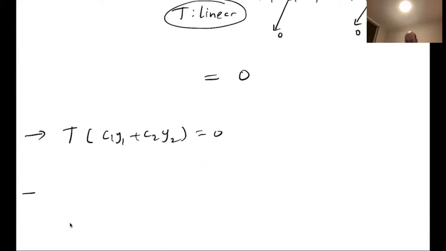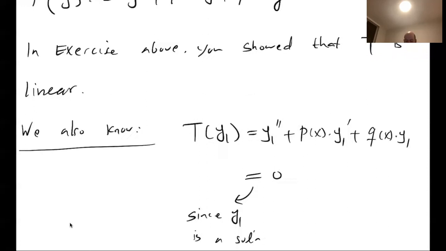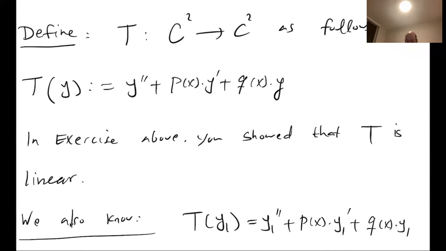And what does that mean? That means C1 y1 plus C2 y2 double prime plus P of x times C1 y1 plus C2 y2 prime plus Q of x times C1 y1 plus C2 y2 is 0. Because T of any function y is y double prime plus P of x y prime plus Q of x y.